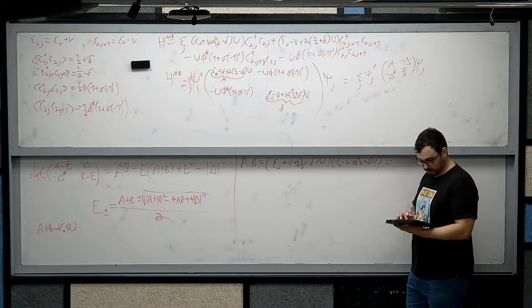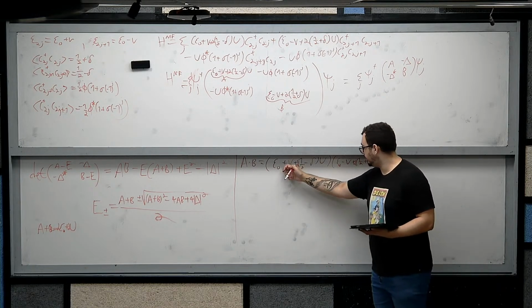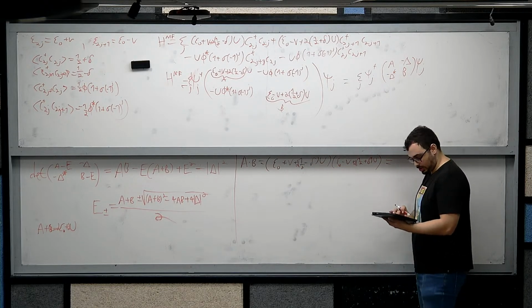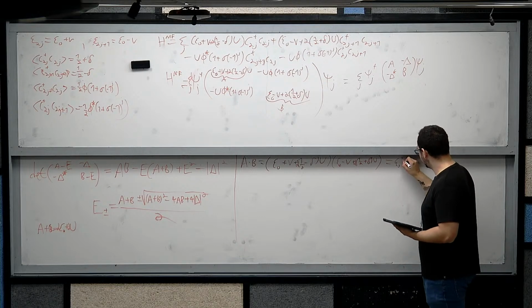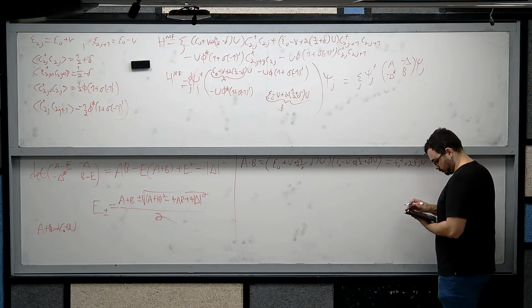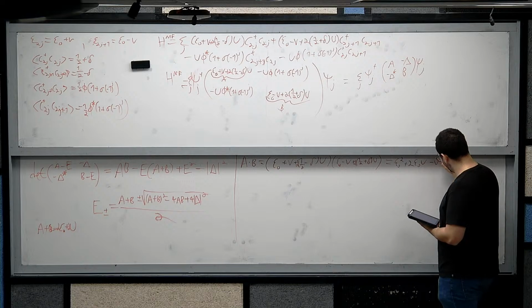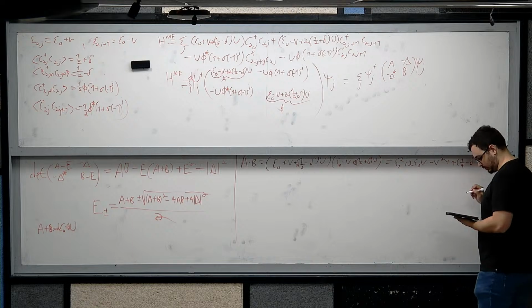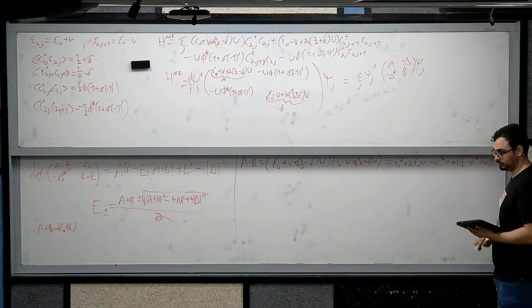But generally, we see that V epsilon 0 and minus V epsilon 0 will cancel out, and overall we get epsilon 0 squared plus 2 epsilon 0 U minus V squared plus 4 over 4 minus lambda squared U squared.